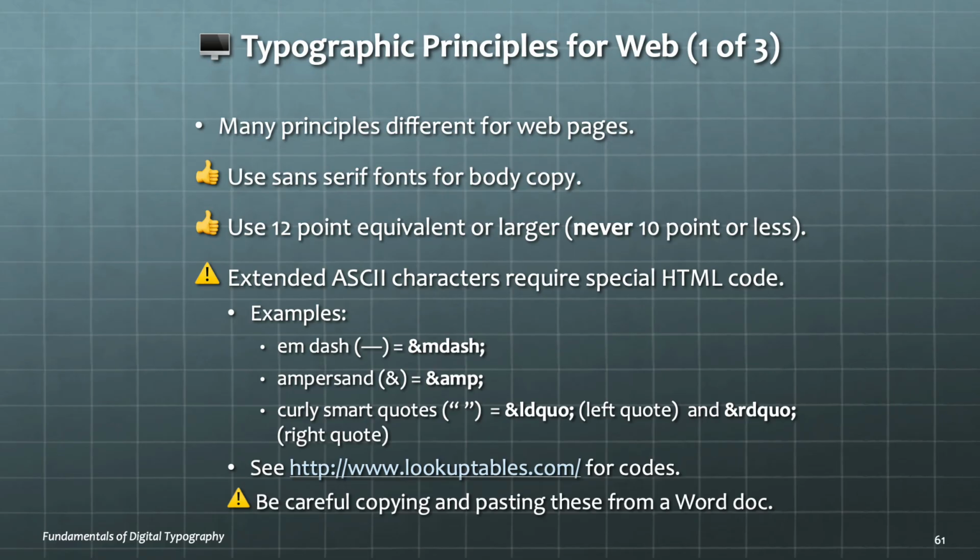It will appear in your document as curly smart quotes. All of this is fine, but if you copy and paste from that document into a web page, you'll probably get unreadable garbage characters. You'll need to translate these characters into HTML code. Your web authoring program may or may not do this. The safest bet is not to use extended ASCII characters in your original Word file.